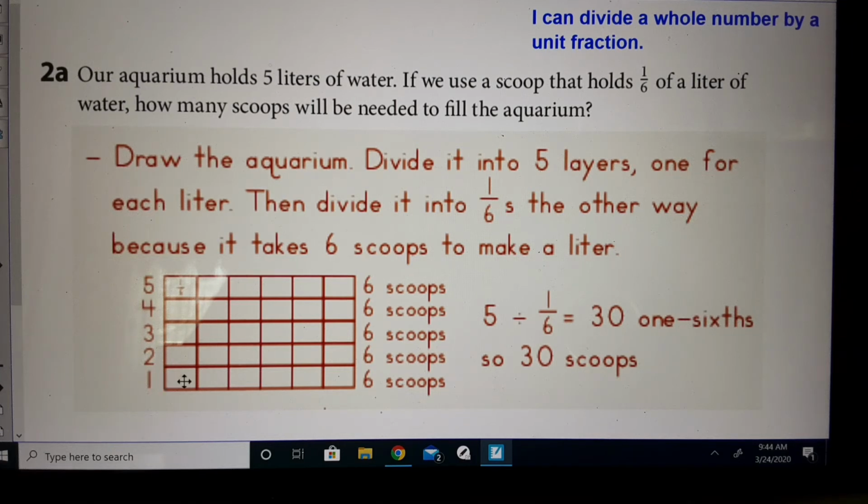And then we've divided those 5 liters into 6 across. 6, 1, 2, 3, 4, 5, 6 1/6 liter sections. And we have 6 5 times, or 6 plus 6 plus 6 plus 6 plus 6 is 30. So again, mechanically, the whole number times the denominator gives you your whole number answer.